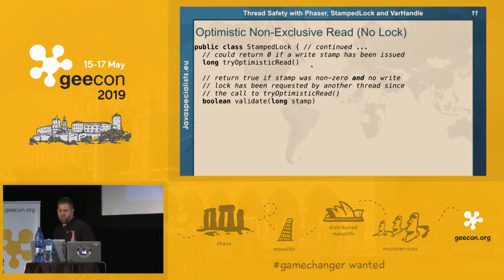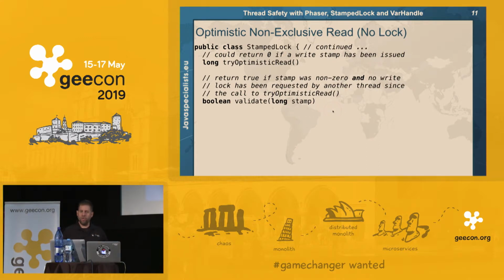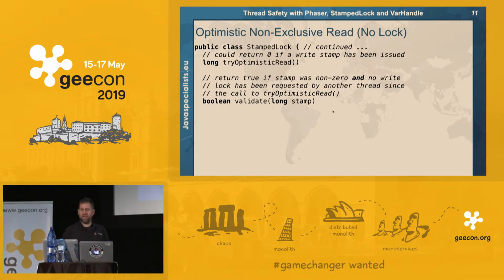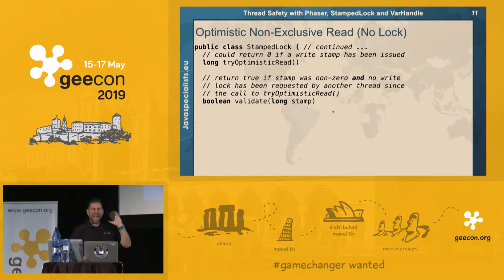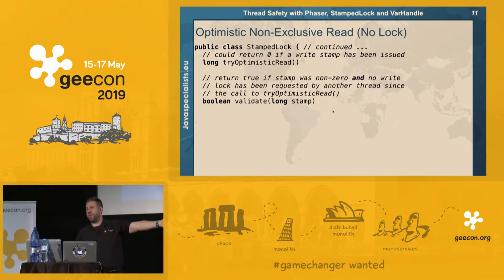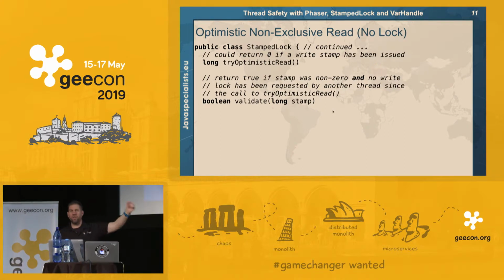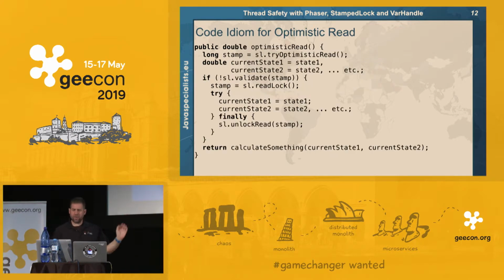The validate afterwards would return true if the stamp is non-zero and no write lock has been requested in the meantime. So it basically is a check: has anybody asked for the write lock in the meantime? It's not a guarantee that somebody has actually written, but even if somebody has tried to write, you would get false on the validate.